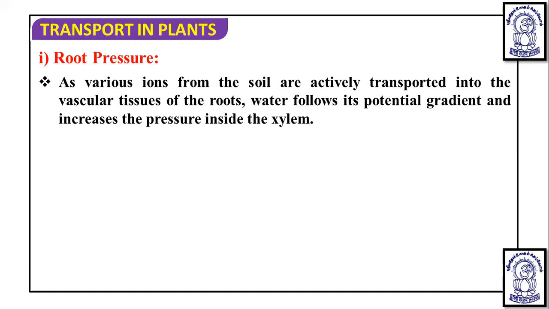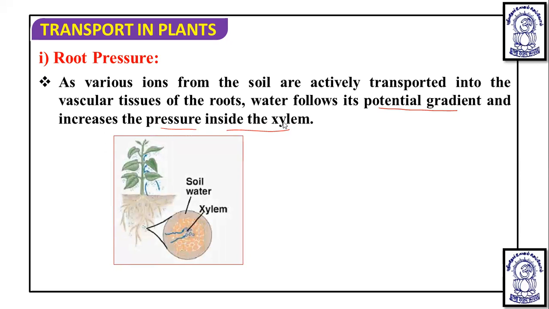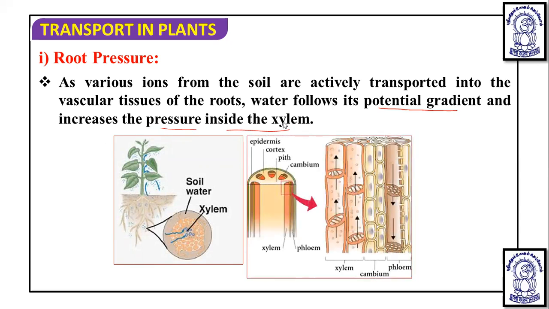When the minerals and ions accumulate in the root hair, water follows. Water follows the potential gradient and increases the pressure inside the xylem. That pressure is known as root pressure, or positive hydrostatic pressure, developed due to the accumulation of water. So this is the xylem, and in it the root pressure develops.